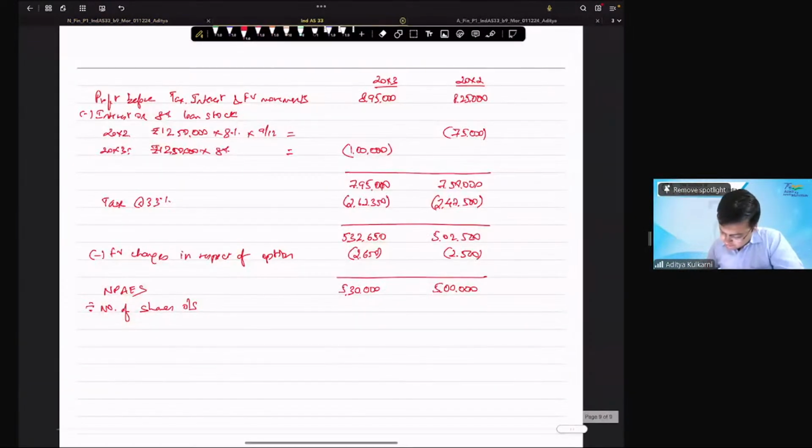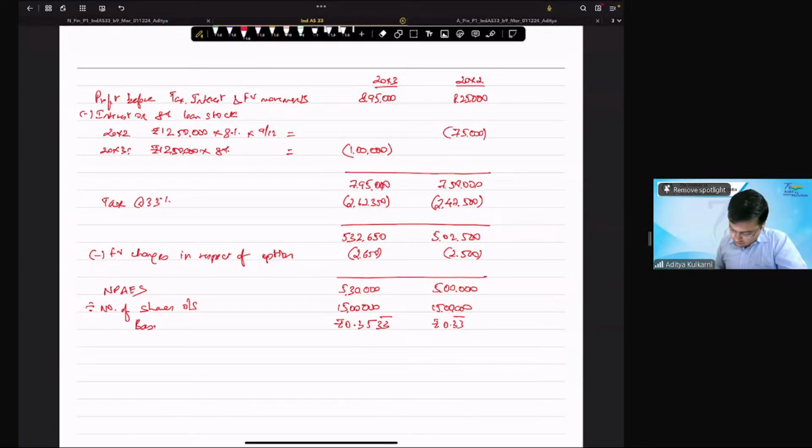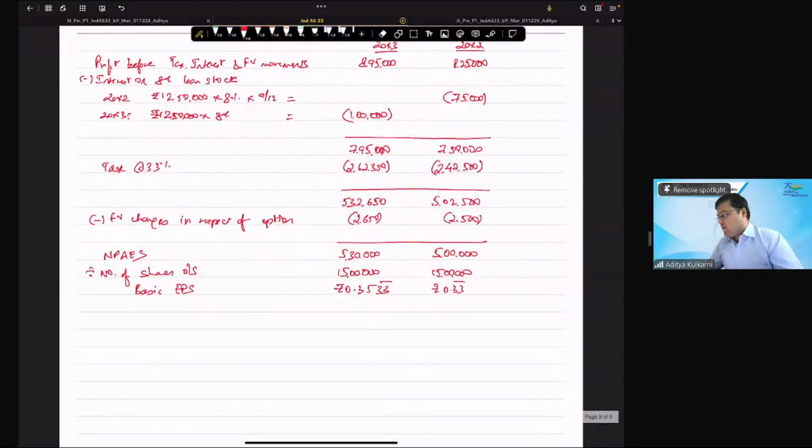So 5,30,000 by 15 lakhs is 0.35, and 0.33. Okay, so this is your basic EPS. Are we okay?